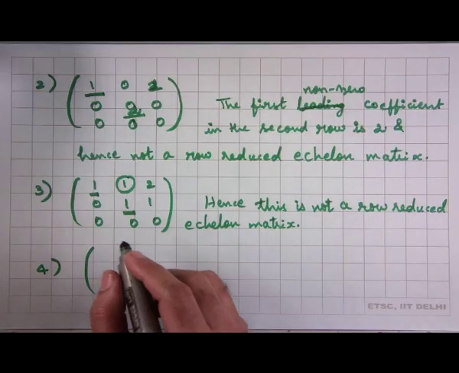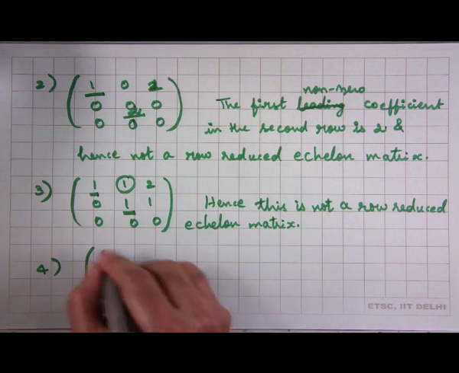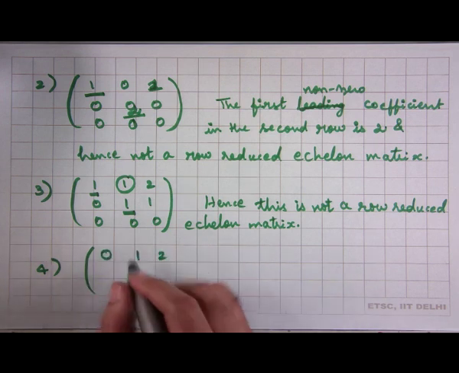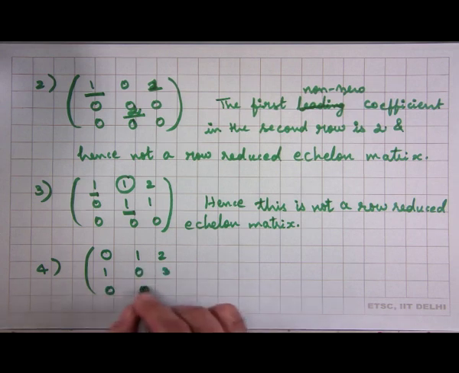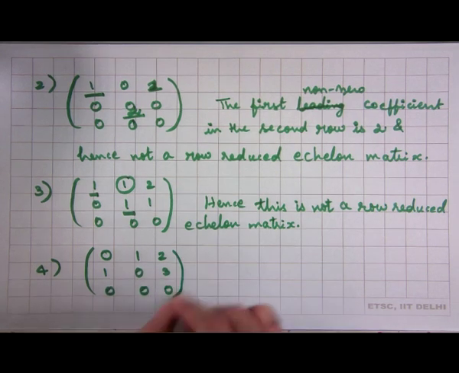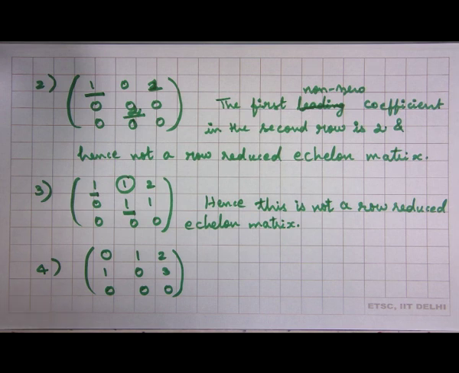Let us look at one more: 0 1 2, 1 0 3, 0 0. You have this. So, the 0 row, which is the third row, is below all the other rows, the second row.